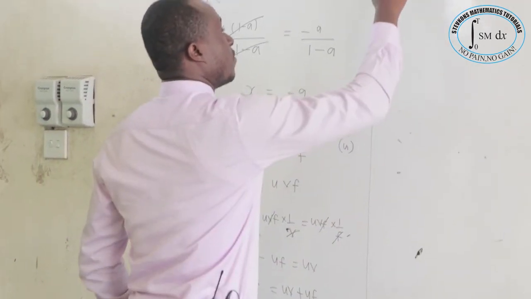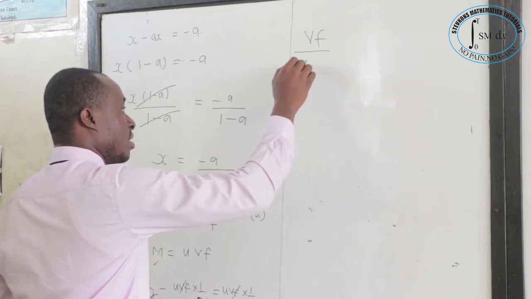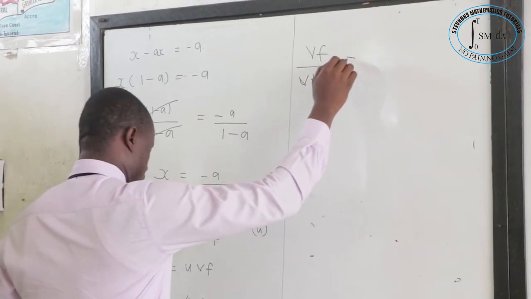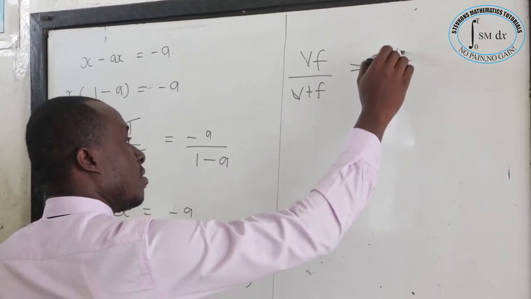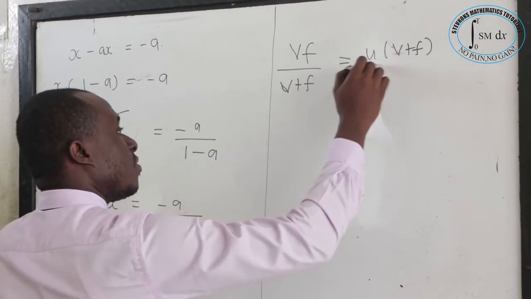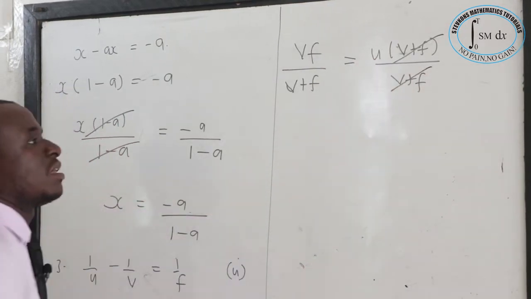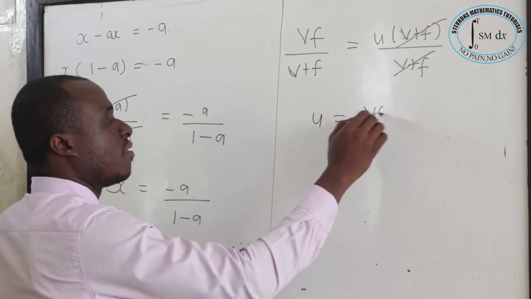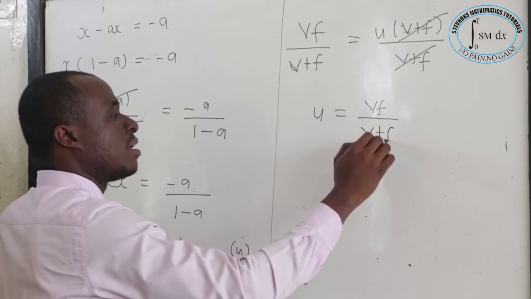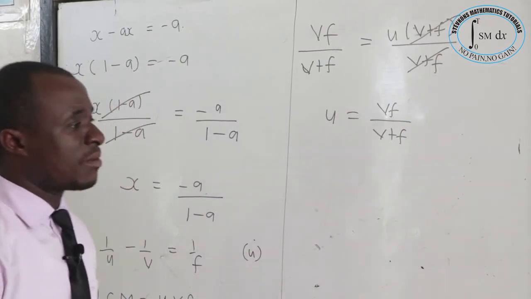So clearly I have vf over v plus f equal to u, v plus f over v plus f. So v plus f is cancelling out v plus f. So you have our u to be vf all over v plus f. You can't cancel any of them. If you do that, it is illegal cancellation.